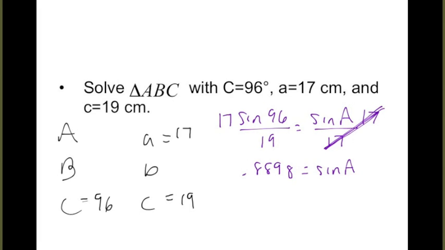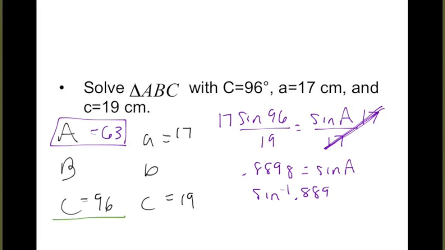And I get about 62.85, or I'm just going to round that up to 63. Once we know two angles, we can subtract from 180 to find the third angle. Never do trig to find your third angle. Always subtract from 180 to find your third angle.